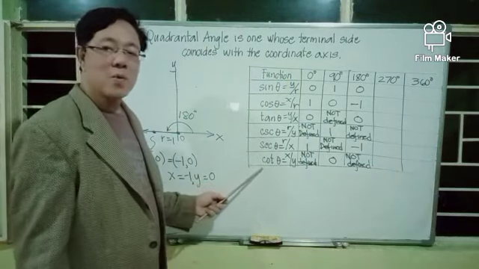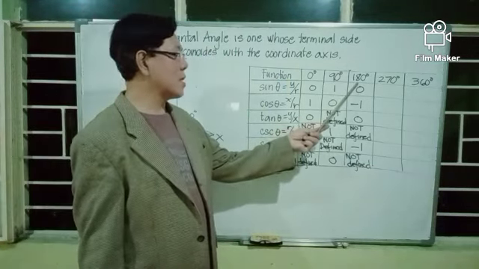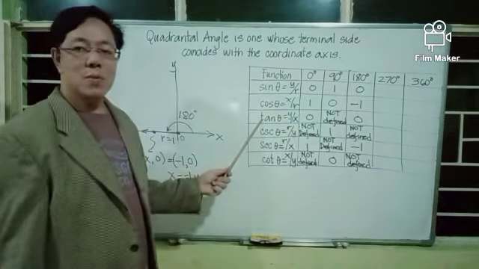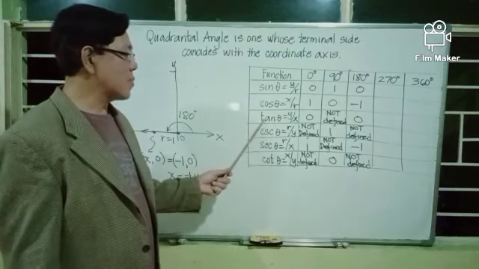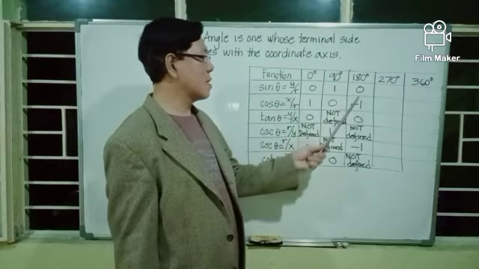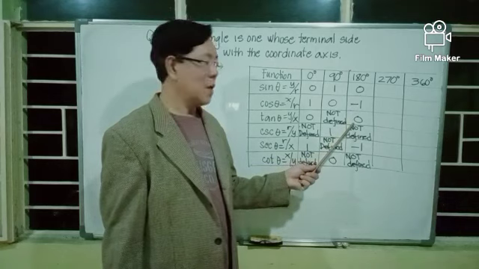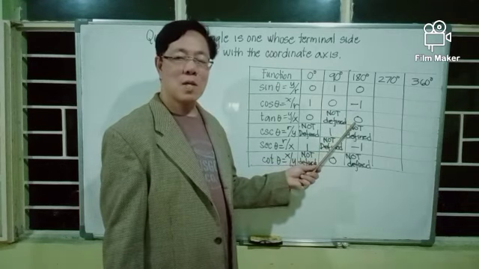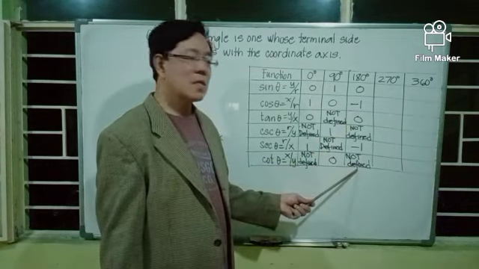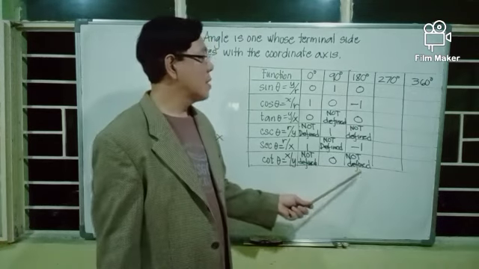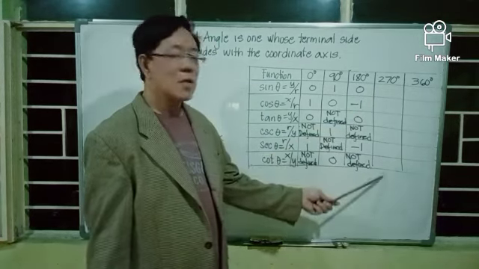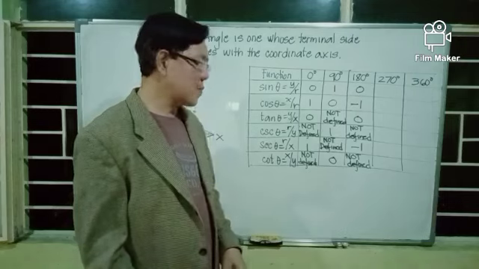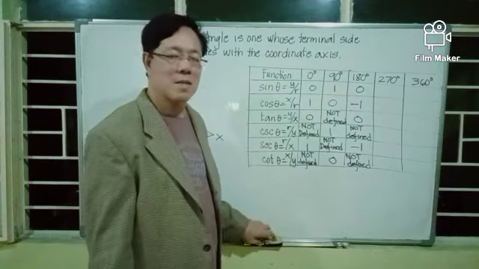Or the value of cotangent of 180 degrees is equal to the reciprocal of the value of the tangent of 180 degrees, which is 0. And the reciprocal of 0 is 1 over 0, which is not defined. Next, we find the trigonometric functions of 270 degrees.